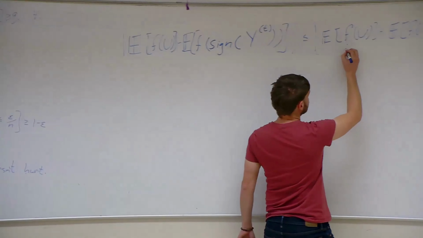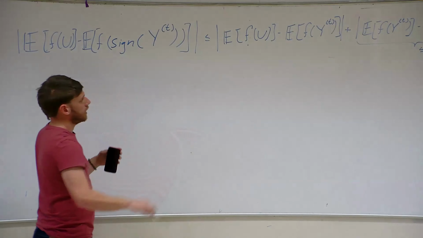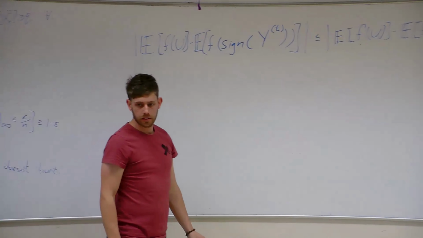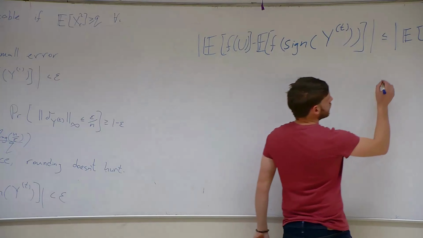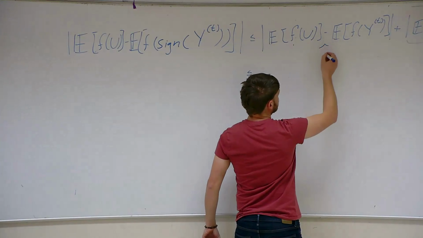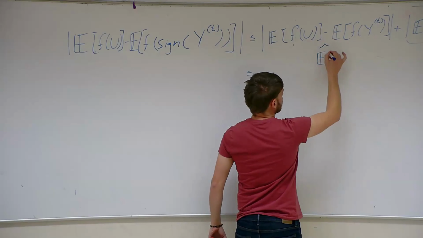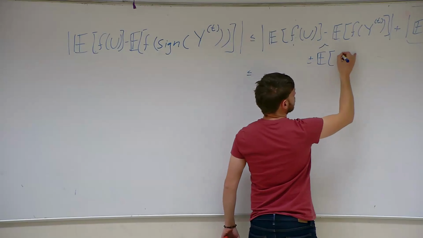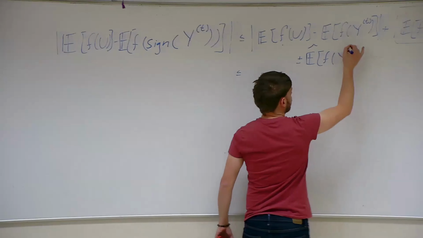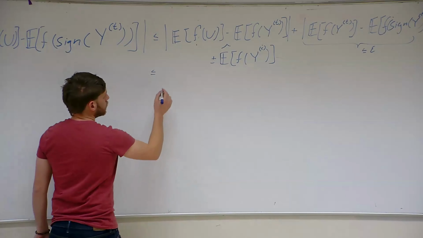Okay, so let's continue with this. So here we use a hybrid argument, I guess, is at most. So we plug in between expectation plus minus expectation of f of yi, right? And this is at most.